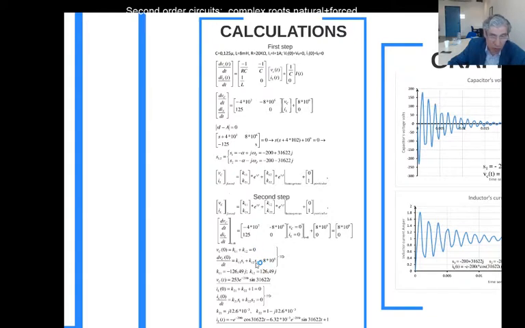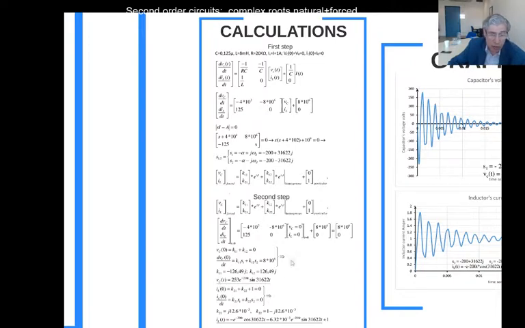So two equations, two unknowns. We're going to calculate K11, K12, which are complex conjugate numbers. If you replace these complex conjugate numbers in here, with S1 and S2 complex conjugate roots, as we already know, you end up with a real function like that.